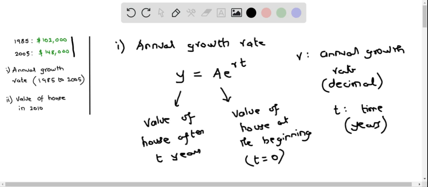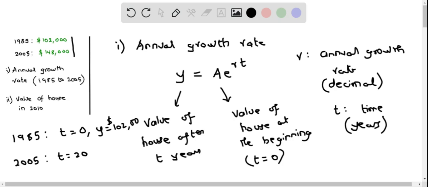So for that, I'm going to use these two information. That is, in year 1985, I'm going to consider the year 1985 as the beginning of the year. So I can consider this as t equal to 0. The value of the house is $102,000. And consider year 2005, that is, if we consider t equal to 0 for year 1985, then for the year 2005, this is a difference of 20 years from 1985 to 2005.